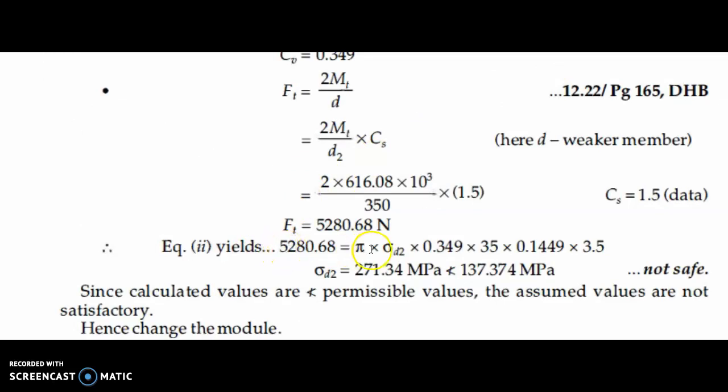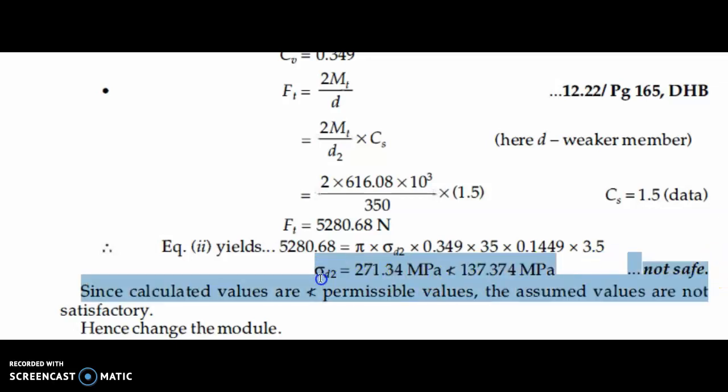Then using this section we can compare the value of sigma d2, which is 271.34 megapascal, which is not less than 137.37 megapascal. So this design is not safe. With that module the design will not be safe.